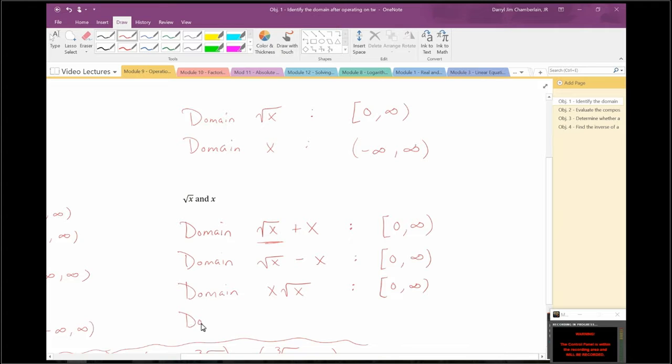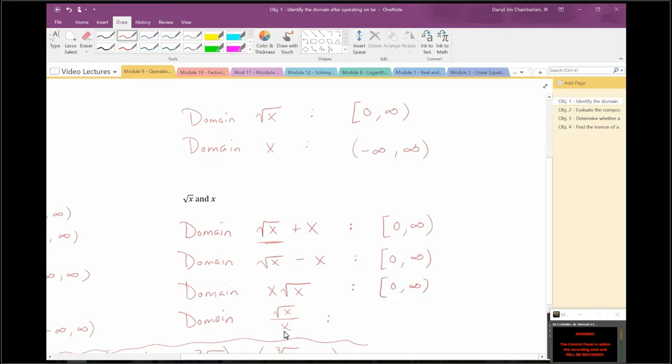And then finally, what if we were dividing the two? Well, we're definitely still not allowed to plug in anything that's less than 0, because then we'll take the square root of a negative, and that's not a real number.